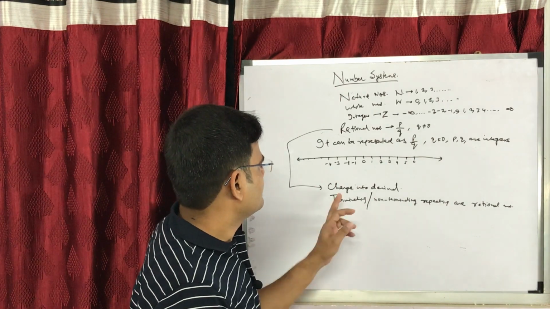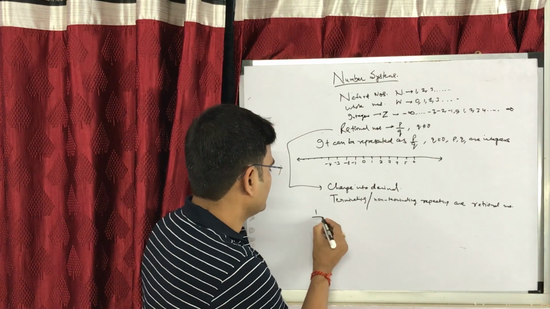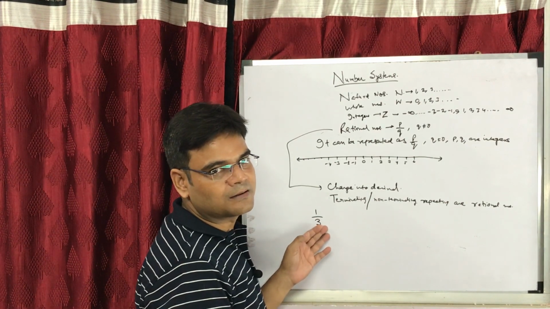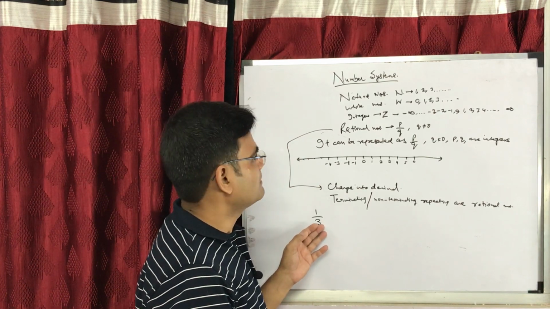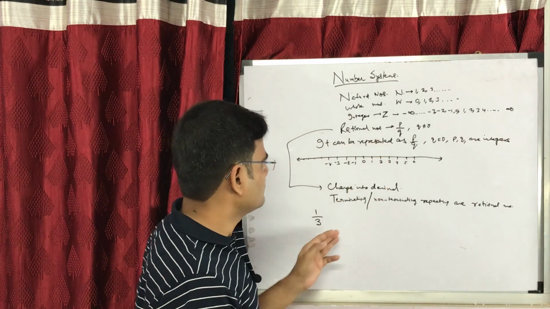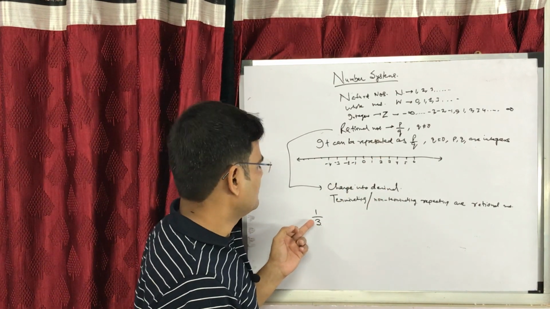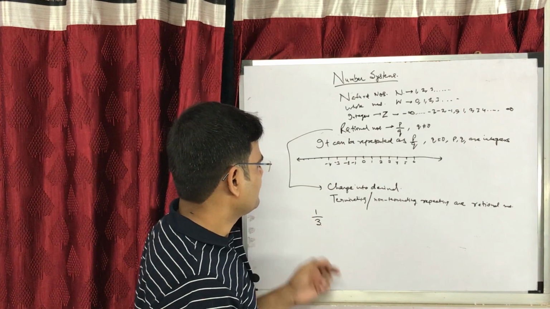So change into decimal, terminating. Suppose I ask you 1/3. By looking at the number itself, you can understand that this is a rational number, because it is in the form of P by Q. Q is not 0, 3 is not 0, and P and Q are integers. 1 is an integer, 3 is also an integer.